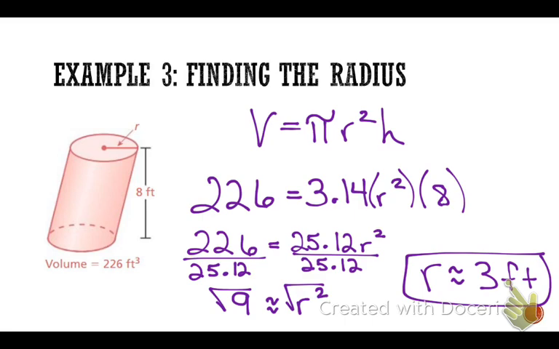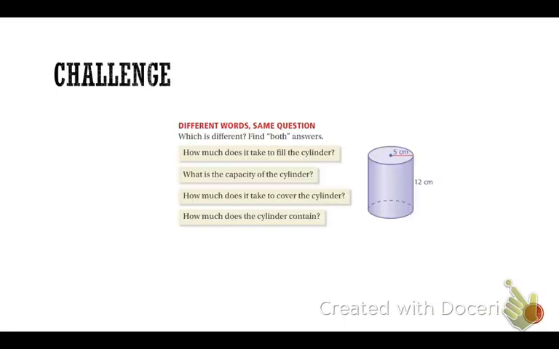All right, so now I have a challenge question for you guys. Look at this cylinder. Which one of these statements is different? Technically, there's 2 answers. There's one statement that's definitely different from the other 3.